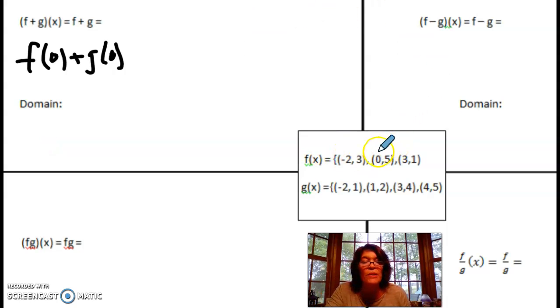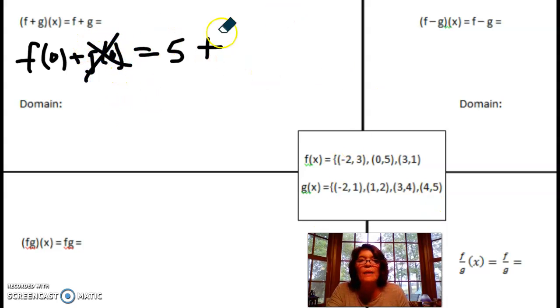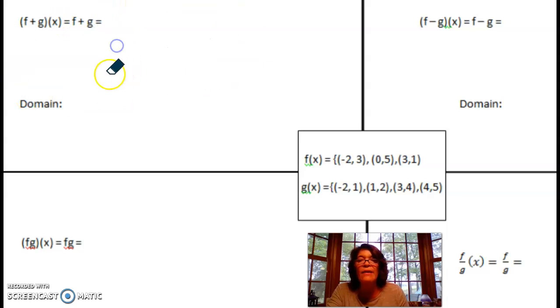Well, f of 0 means the y-coordinate that goes with 0. That's 5. g of 0. There's no x-coordinate of 0. There is no g of 0. Okay, so if I want to add f and g, I have to have my domain be just the x's that are in both f and g.